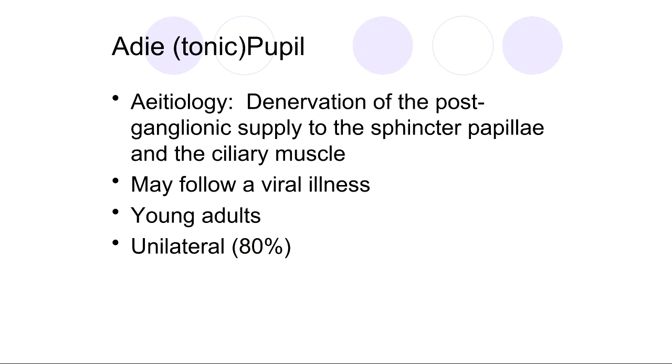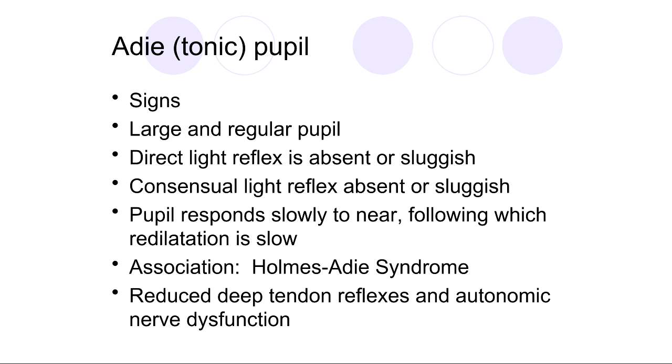We're going to talk about Adie's tonic pupil, which is a denervation of the post-ganglionic supply to the sphincter pupillae and the ciliary muscle. And this may follow viral illnesses, maybe corona, we don't know. And this is seen in young adults. Usually it is unilateral. So in these young adults, you'll have a large regular pupil.